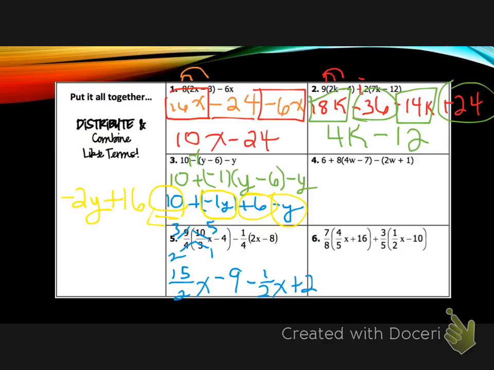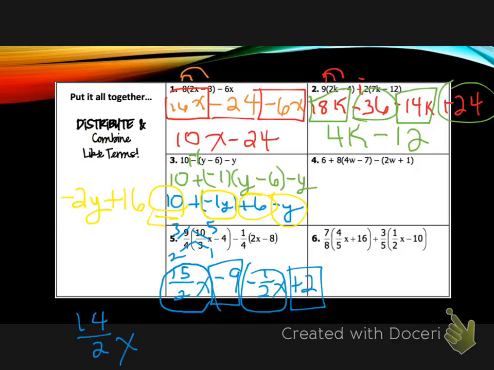If you have any questions on how I got those, you're welcome to ask me any questions. 5/2 x minus a 1/2 x is going to give me 14/2 x. And then -9 plus 2 is going to give me a -7.